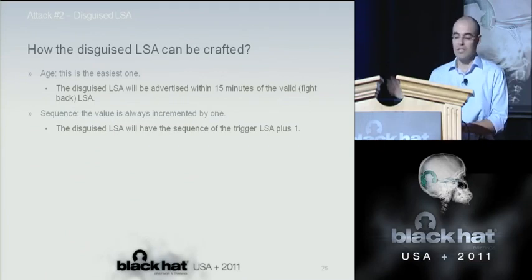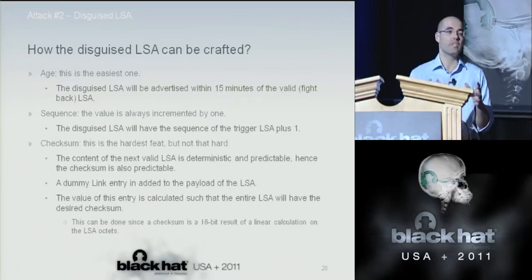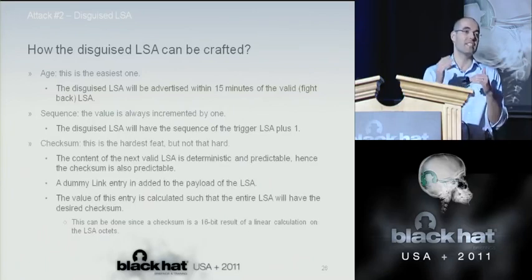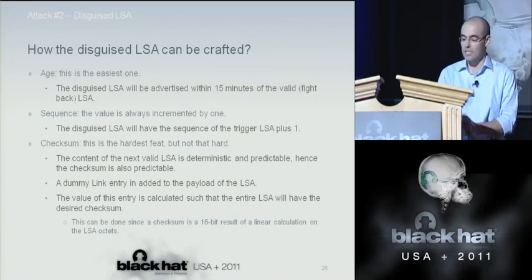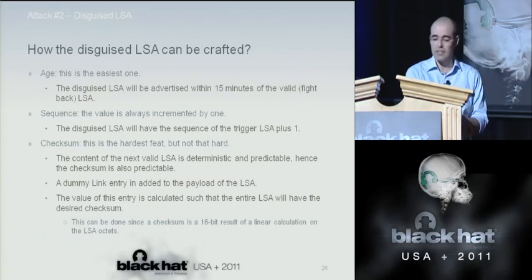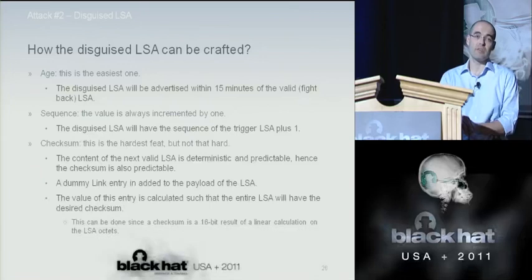Again, very easy. The hardest feat here is to make sure that our disguised LSA computes to the same checksum as the future fightback LSA. But this is not that hard, because first you have to realize that the content of the fightback LSA is predictable and deterministic.